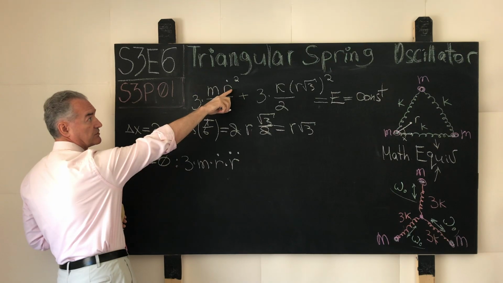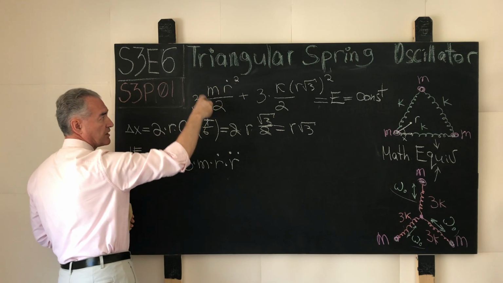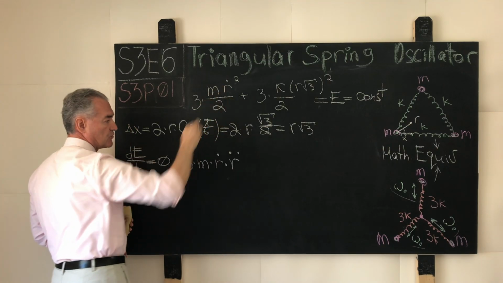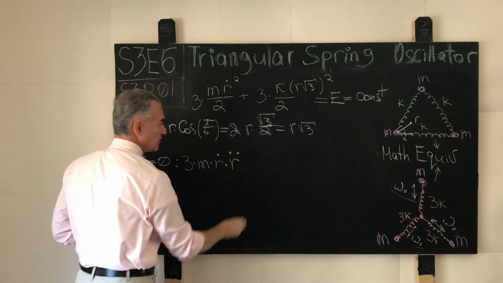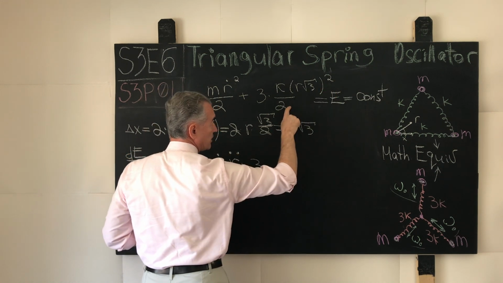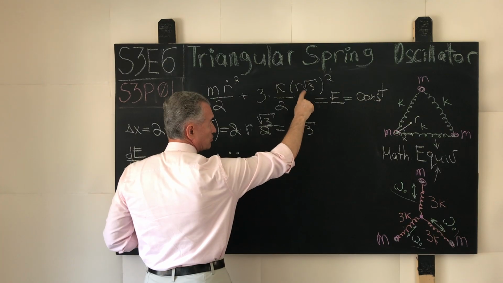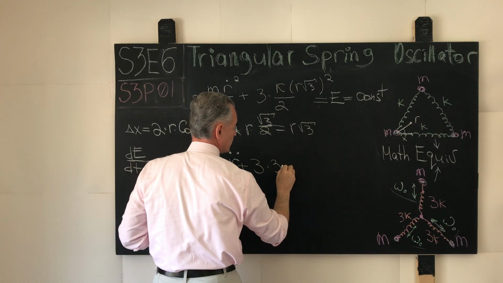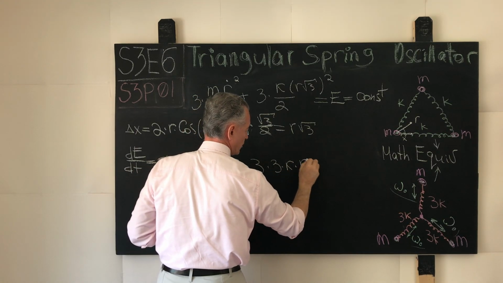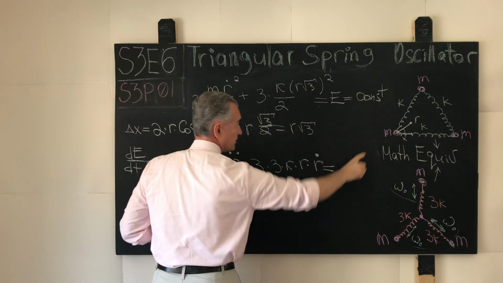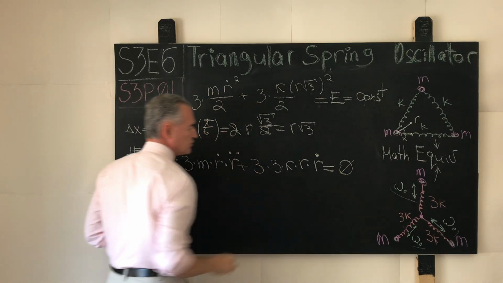This is the derivative of a very straightforward function: 2 comes down, cancels out. We get the quantity itself times the first derivative of the quantity, plus 3 times, here again 2 comes down, square root of 3 squared becomes 3, and we have 3 times k times r times r dot. And all these things, because this is a constant, must be equal to 0.